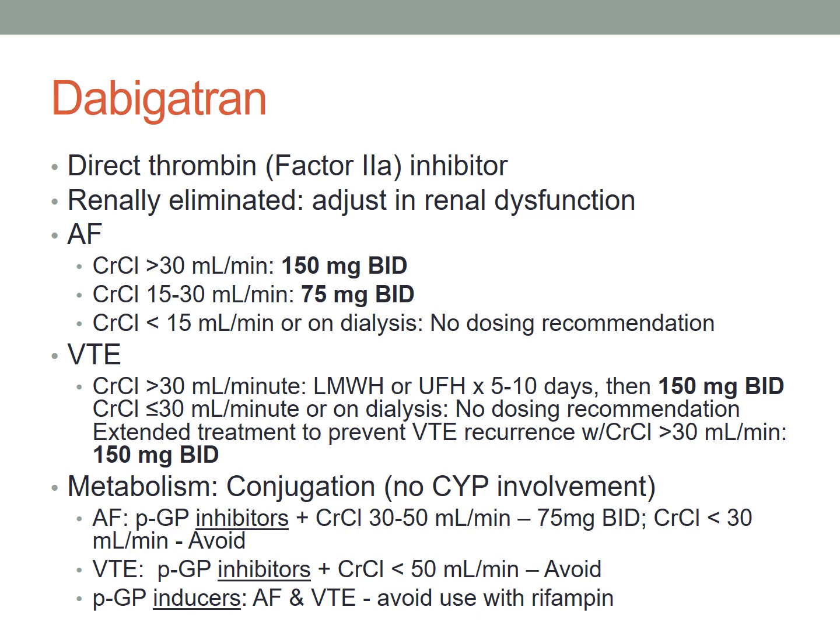If you're giving it for VTE along with a P-glycoprotein inhibitor and your patient's creatinine clearance is less than 50, it's recommended you avoid. As far as P-glycoprotein inducers, the recommendations are to avoid if you're using dabigatran with rifampin, which is a P-glycoprotein inducer.